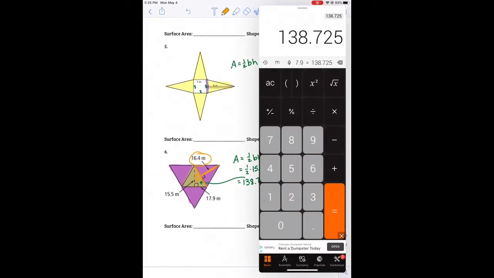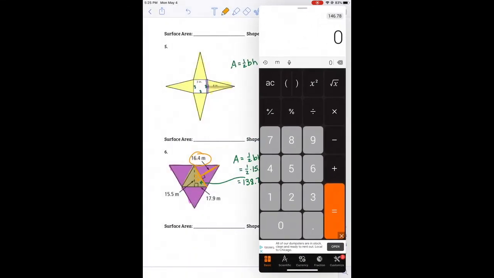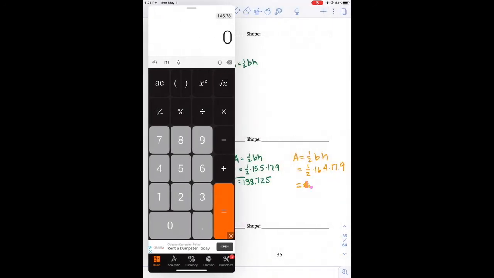All right, and that equals 0.5 times 16.4 times 17.9. That's 146.78. Okay. But there's 3 of those pink sides.